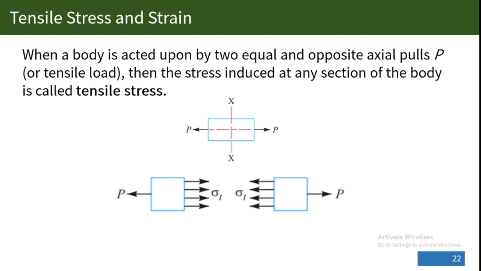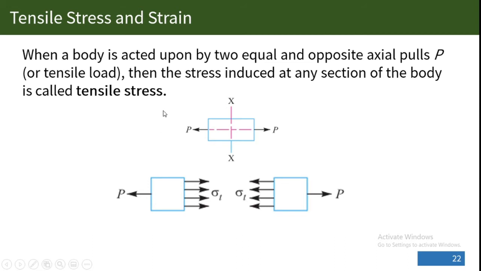Looking at this body, there are forces applied to it. The forces are applied externally, away from the body. So this P denotes the forces that are equal and opposite.